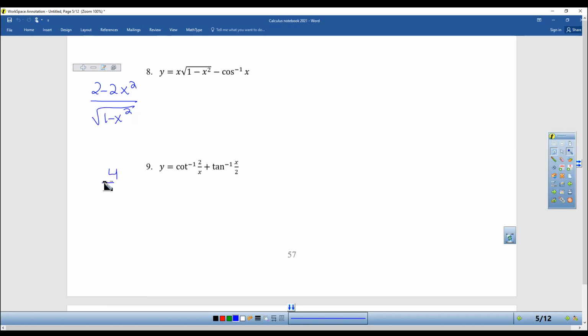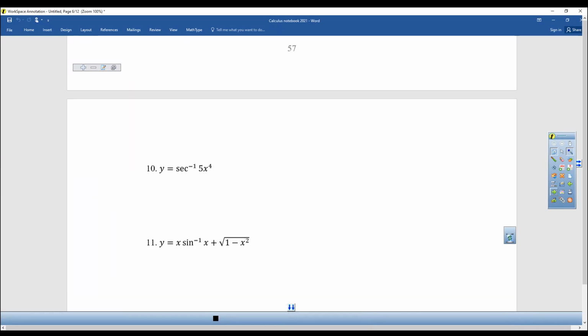Number 9, 4 over x squared plus 4. Number 10, 4 over x square roots 25x to the 8th minus 1. Inverse sine of x.